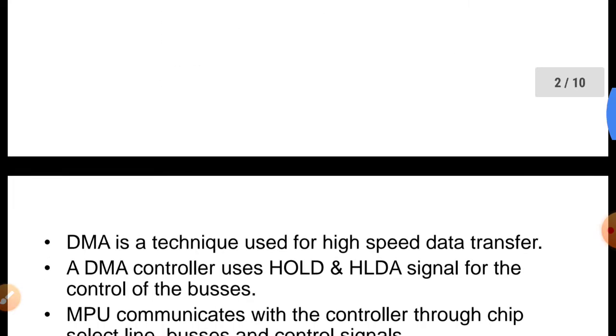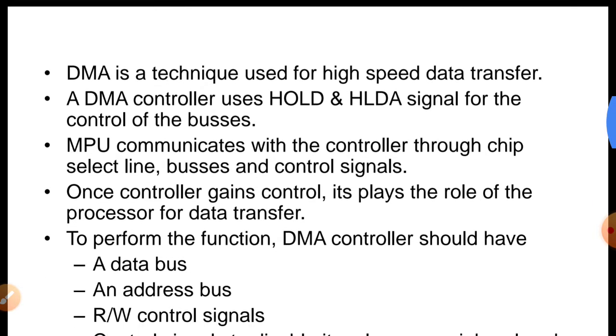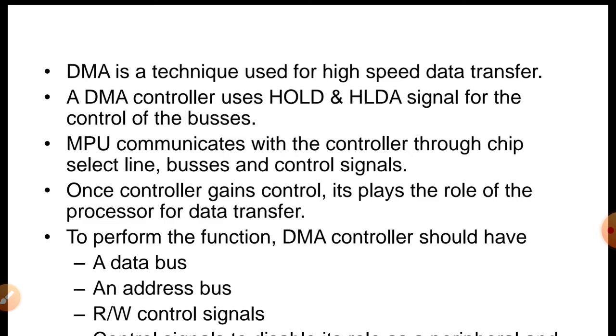This is possible with the help of two signals available with the 8085, called the hold signal and the HLDA signal.